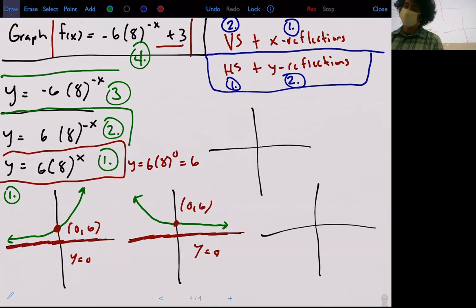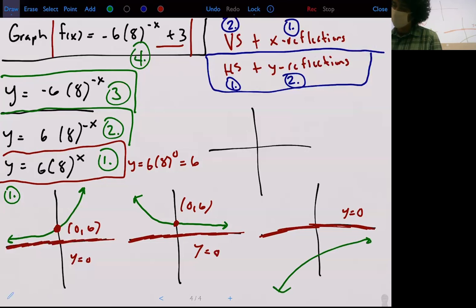So moving on to number 3, we're going to apply a reflection across the x-axis. So reflecting across the x-axis doesn't change our horizontal asymptote, but our graph is now looking like this. And so we have changed our y-intercept here. So what's the y-intercept? It's going to be 0.